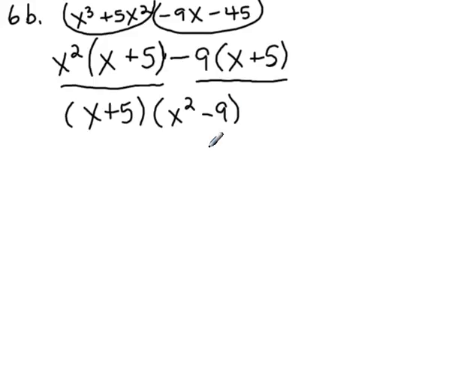Now, remember, when you're factoring, once you think you're done, you always have to look back at your factors and say, is there anything I can still do to them? There's nothing I can do to x plus 5, but x squared minus 9 is still a difference of 2 perfect squares. So there is something I can do to factor that. That factors to the sum and difference of their roots.